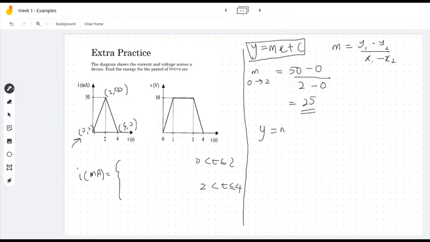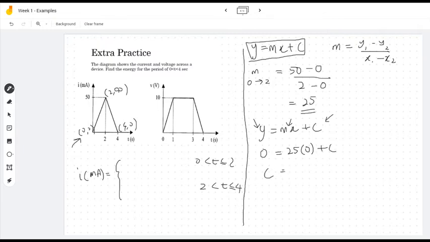So you have to do y equals mx plus c. Now you need to get your c. So you have to substitute this y and this x here with any of the two coordinates. Either you're going to put the 0, 0 or 2, 50. Alright, so assuming that I take 0, 0, so y is 0, when m, the gradient, is 25, the x is 0, plus c.